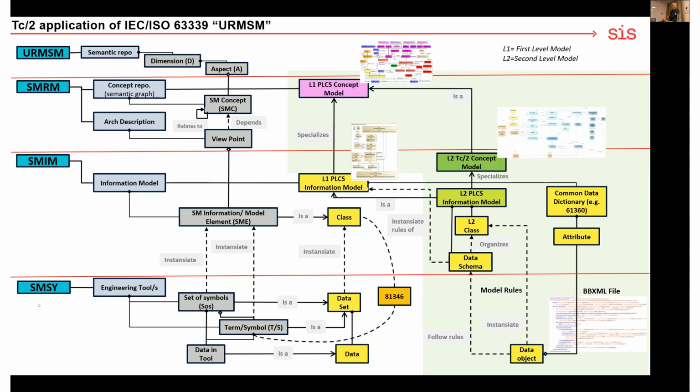Yes, to the upper right there, in the top level, you have the PLCS concept model, which is a simplification of PLCS. PLCS has, I don't know, 500 entities or something, and here you see only 25 maybe. So it's a generalization of what's in the real PLCS standard.